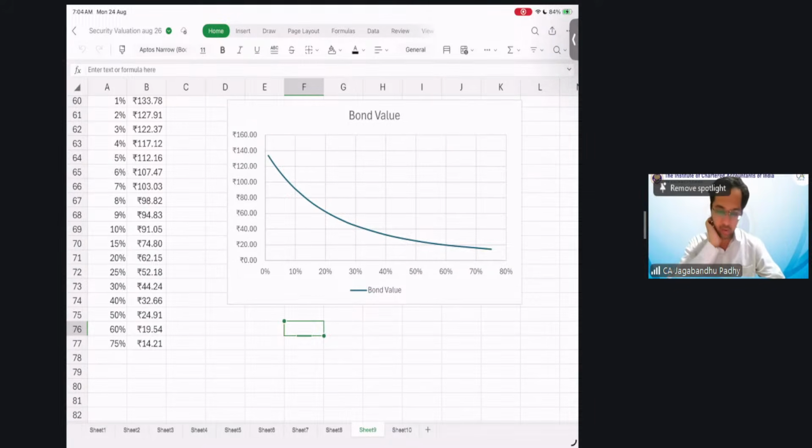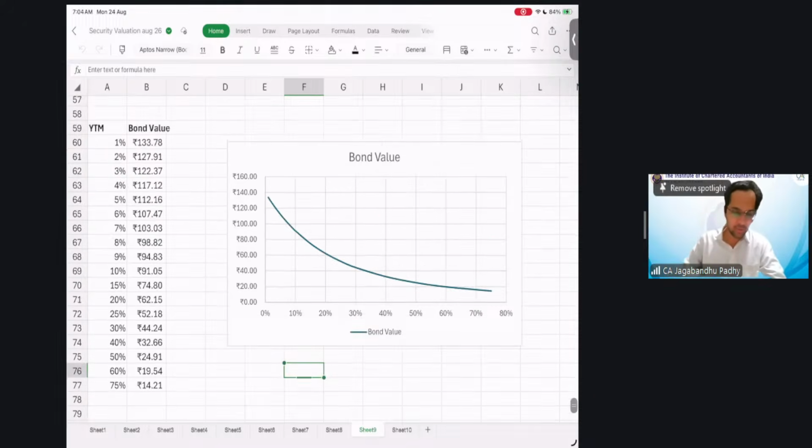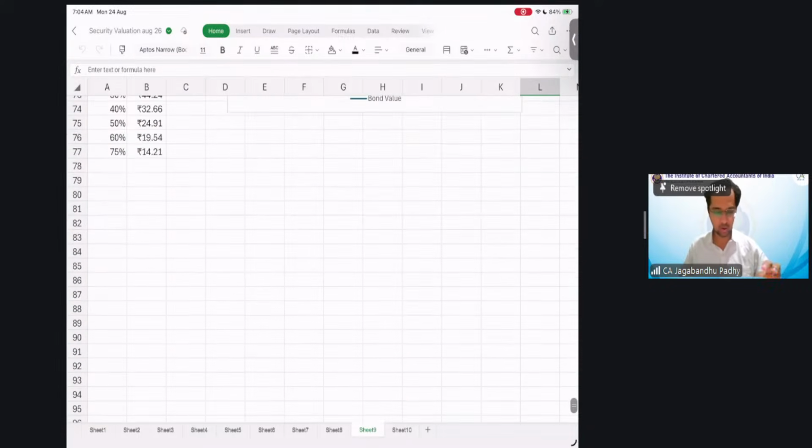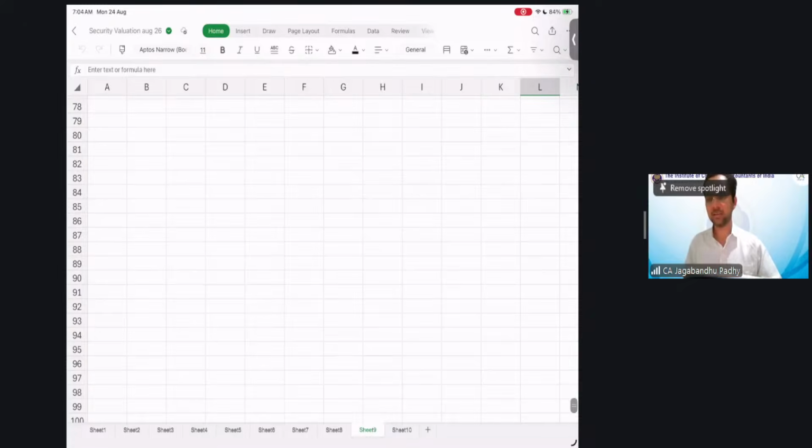Initially we were at 5%, then from 5 to 6, and then we also saw it up to 9%. Let me help you understand this with the help of another graph.